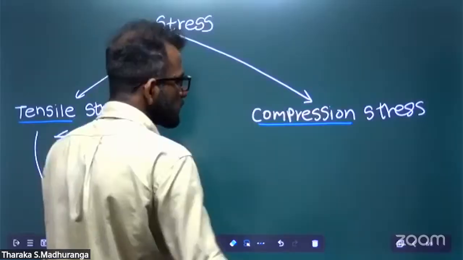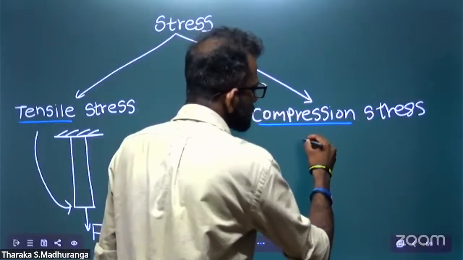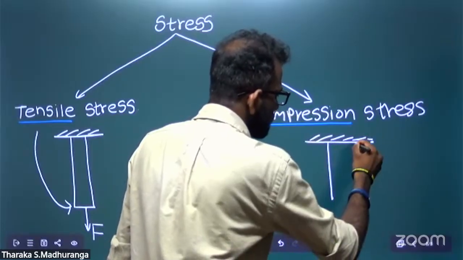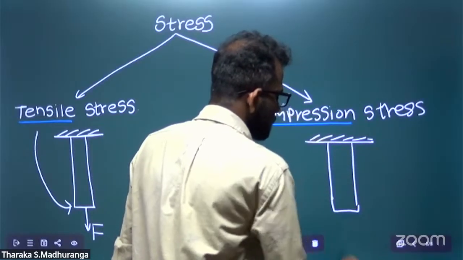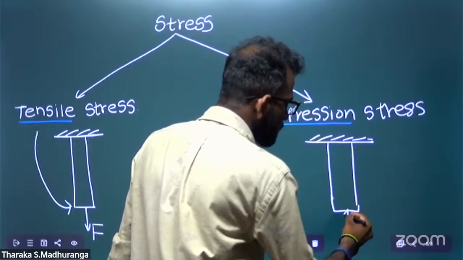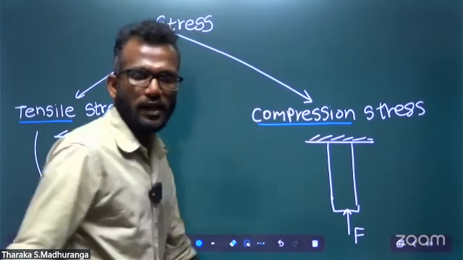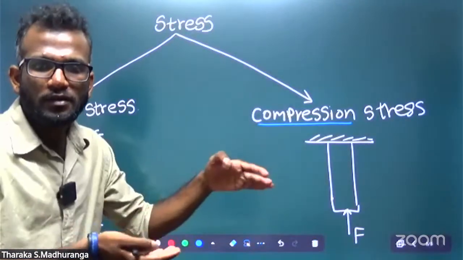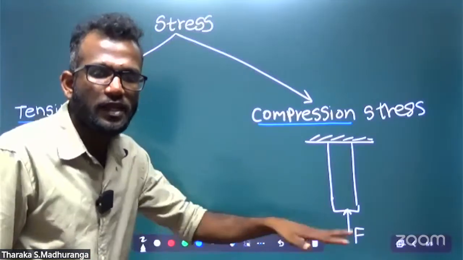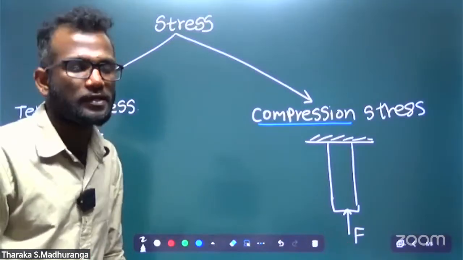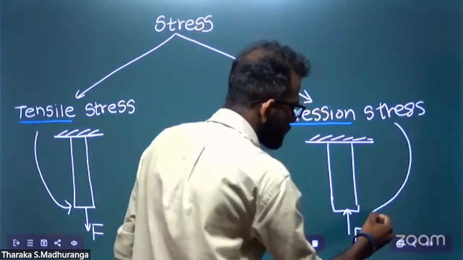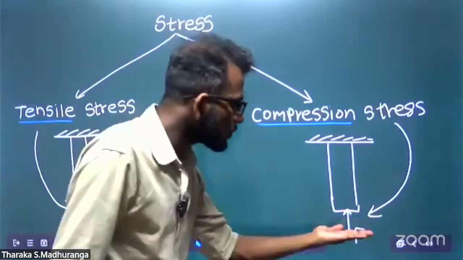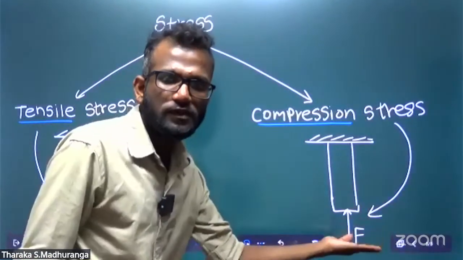The second one is compression stress. It is the same thing. Think this is the object, and now the force is applied like this. Now what happens? The length is decreasing. That is compression. On this surface, stress is generated that we call compression stress, due to the applied external force.